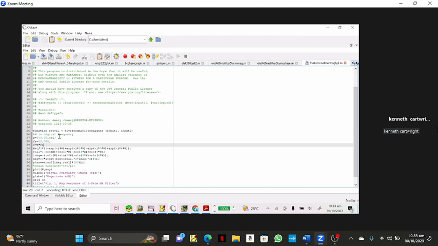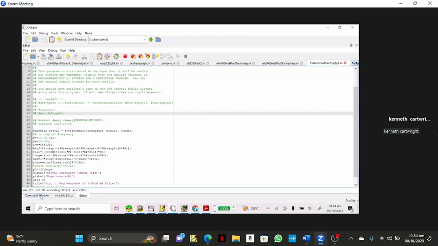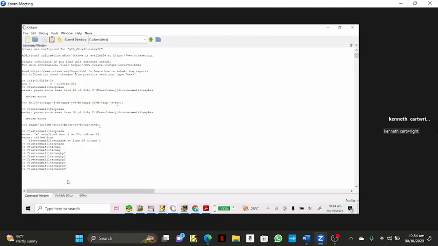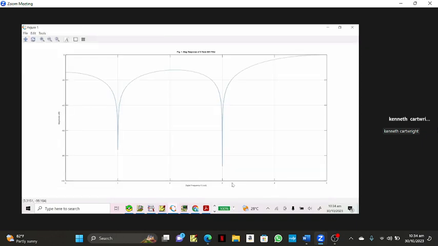So the analog frequency is the digital frequency times the sampling frequency, divided by 2, divided by pi. And then down here, instead of plotting versus omega, plot versus f. And then we save this. Then we run it. Give me a second.